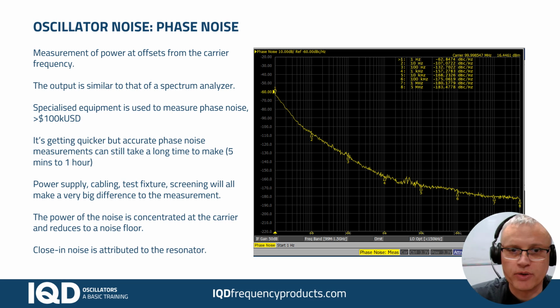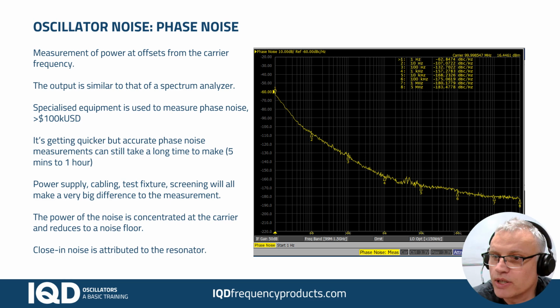Oscillator phase noise. Phase noise is a measurement of the power at an offset from the carrier frequency. In the plot on the right you can see the carrier frequency is measured in the top right as 99.99, so we can say 100 megahertz, and the carrier itself was actually 16 dBm.